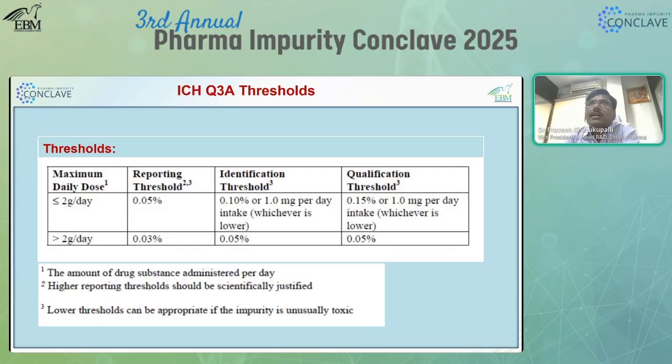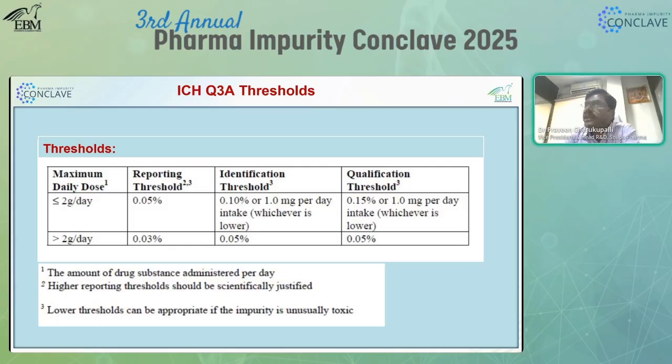Suppose you take 800 mg of API. If you keep the unknown impurity at 0.10%, the total impurity intake will be 0.8 mg.